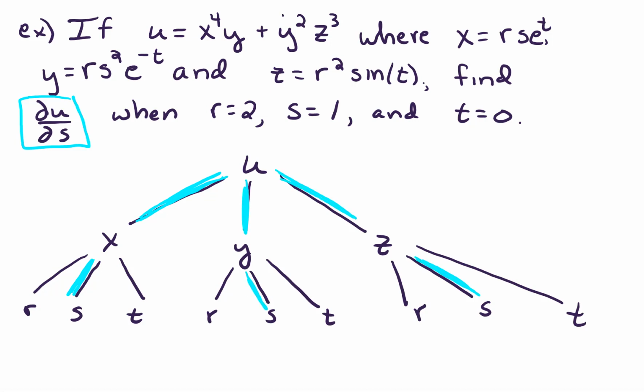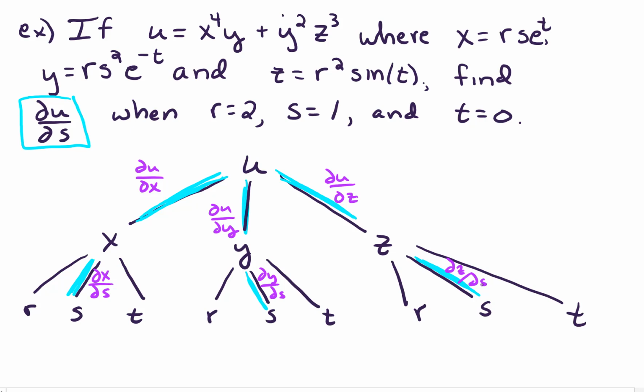And so let's write in the partial derivatives. du over dx, that's the partial of u with respect to x. And then dx over ds, that's the partial of x with respect to s. And then we fill in the other branches in a similar fashion.